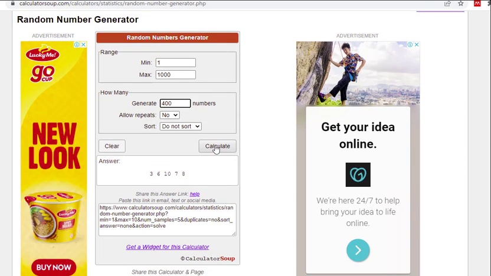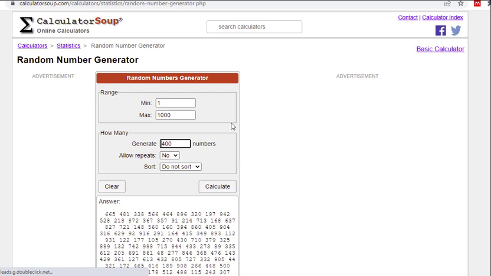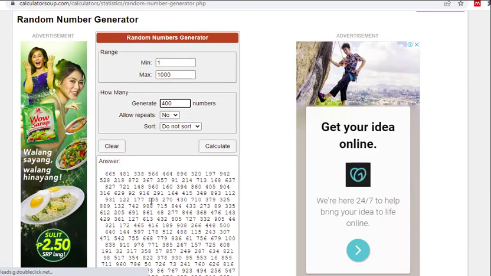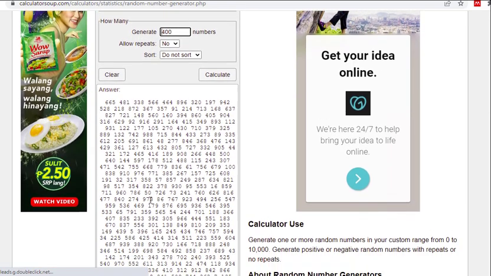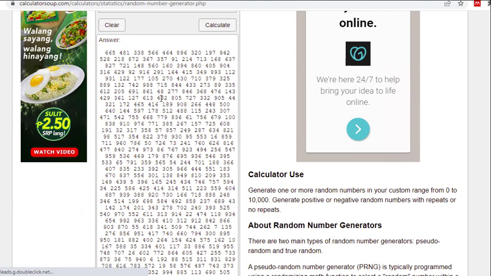So let's calculate. You no longer need to do what you do with the table of random numbers. It will just give you the numbers readily, without bias.